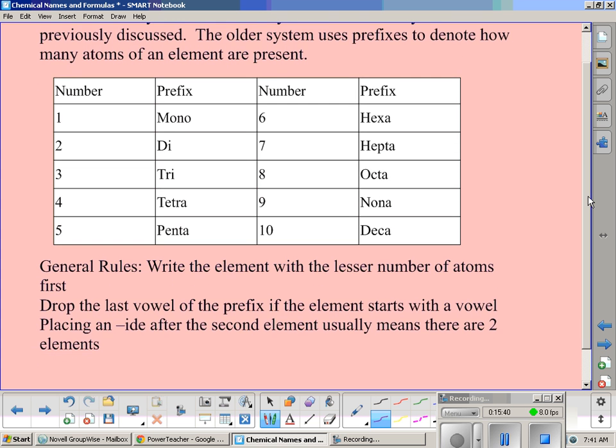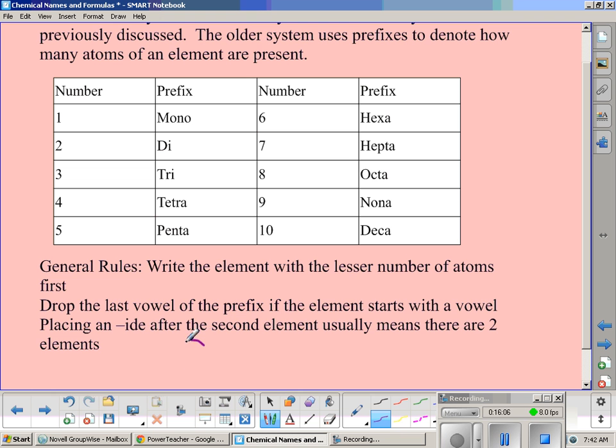And the general rules: you write the element with the lesser number of atoms first. And if your element starts with a vowel, you are going to drop the vowel of the prefix. Oxygen, for example: you wouldn't write monooxide.